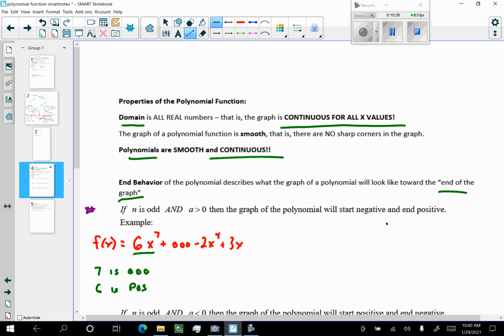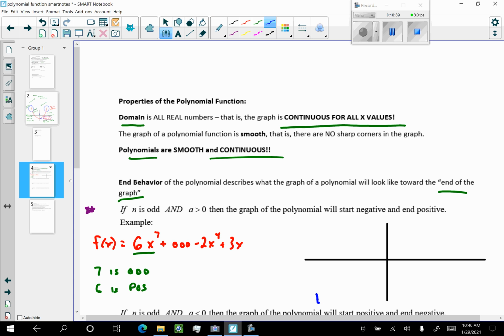And I'm going to do a little sketch. Here's what starts negative means. It starts in the negative y, and it's going to end positive. Keep in mind, polynomials are continuous.